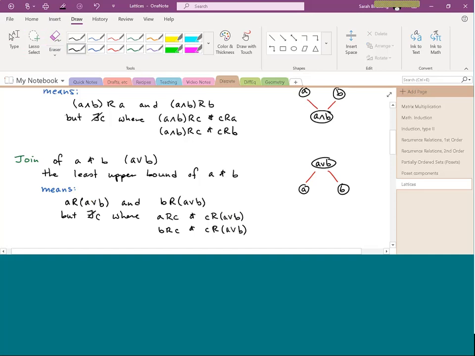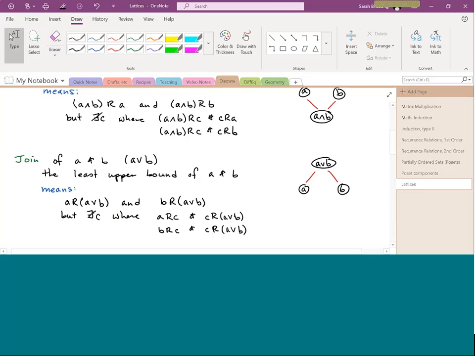Okay. So notice here, least upper bound. So this is the first one you get to as you travel up the Hasse diagram. This says that both A and B are related to the join. And here's the condition that you can't have. You can't have somebody between A and the join, and between B and the join, that's in common.